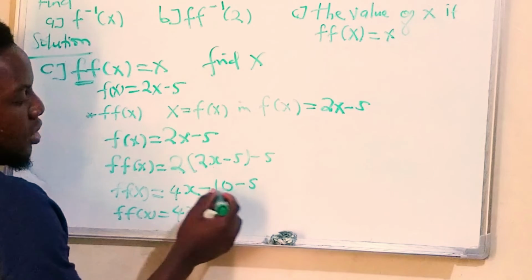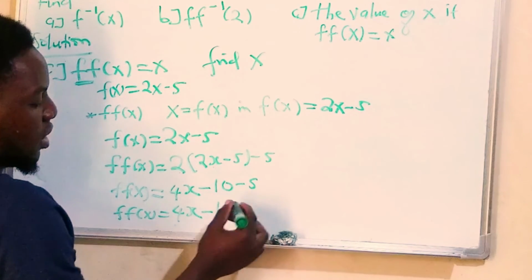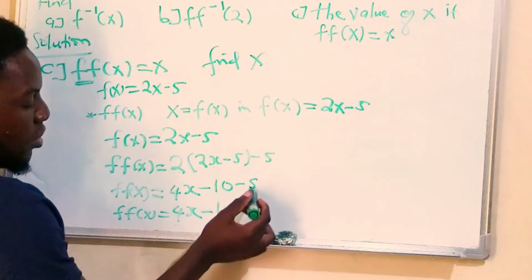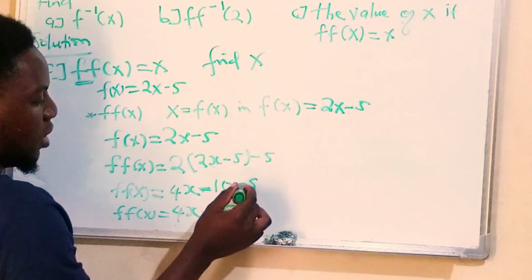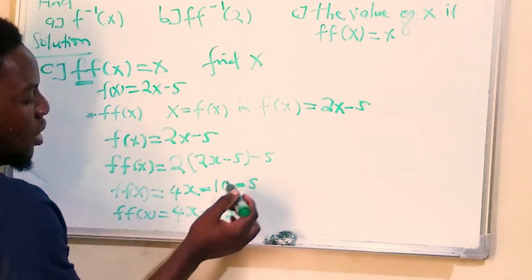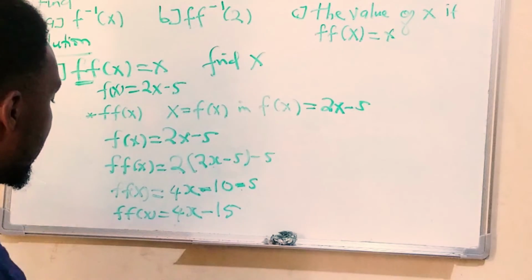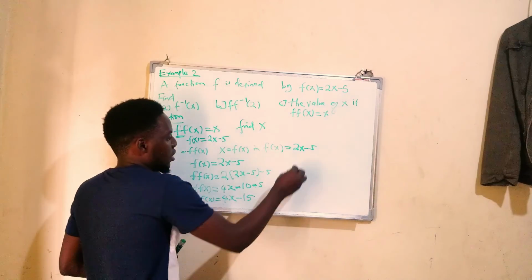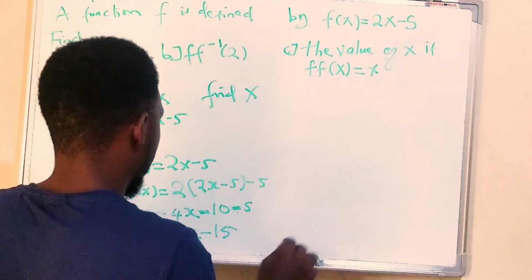The signs are the same, so you add and maintain the same sign. 10 plus 5 is 15, then you maintain the negative. That's f of f of x.